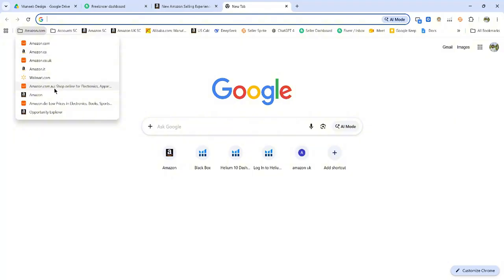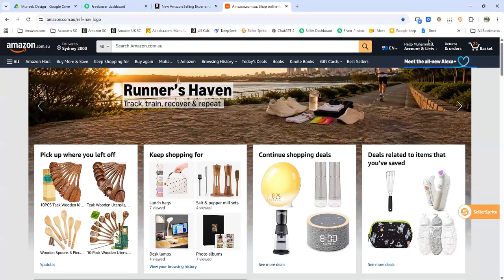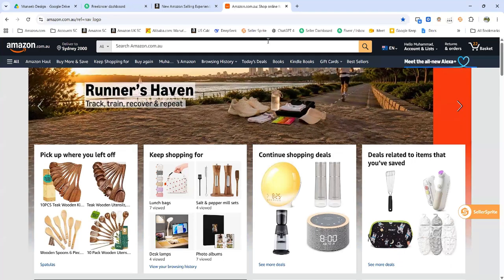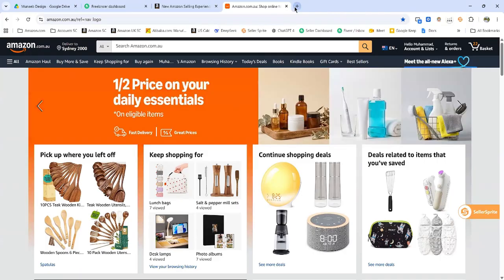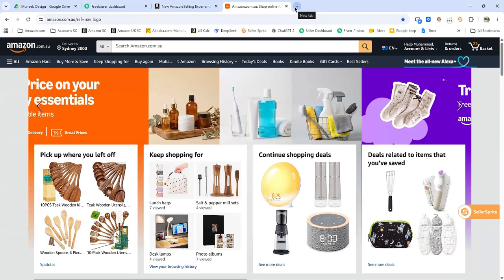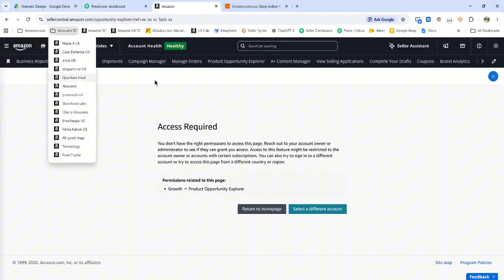Yeah, so we'll start our topic today. We discussed in our previous sessions some product hunting ideas, and from where we get that idea that we then later analyze using different tools and Amazon's Product Opportunity Explorer tool.